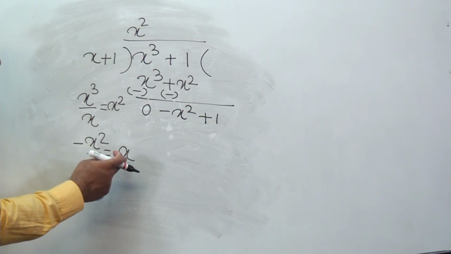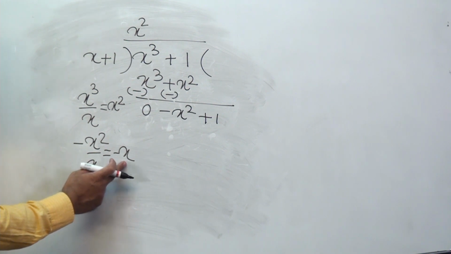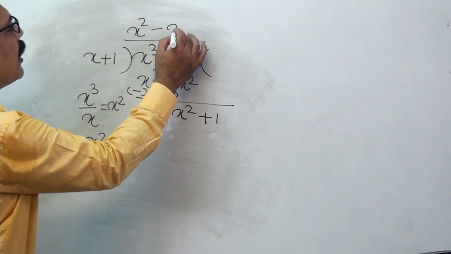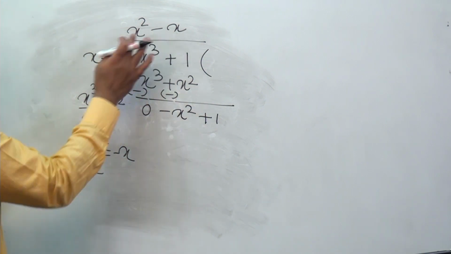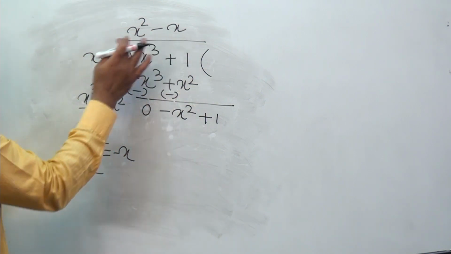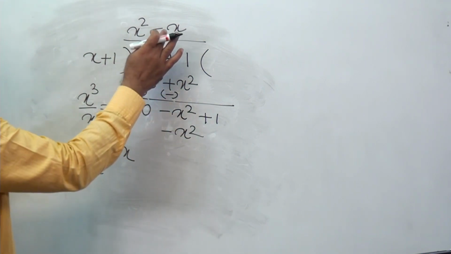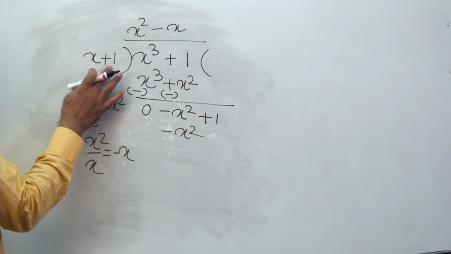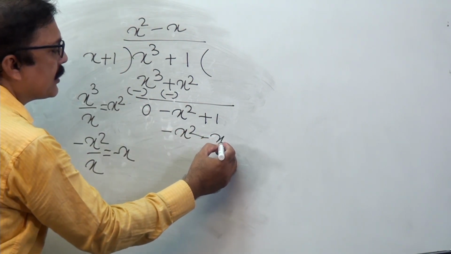So our second term of the quotient is minus x. So we can write here minus x. So minus x into x plus 1. Minus x into x gives minus x square, and minus x into plus 1 gives minus x.